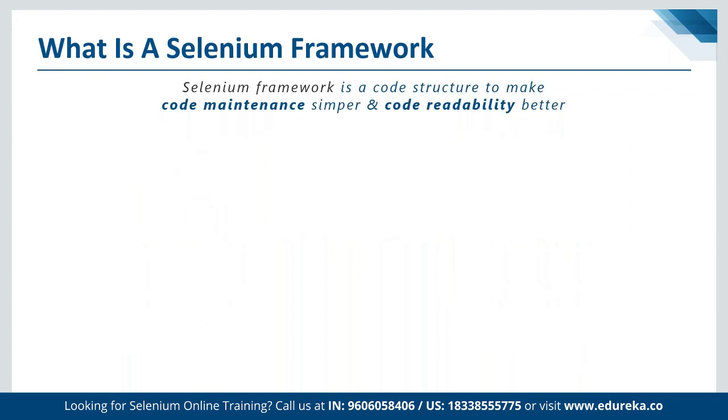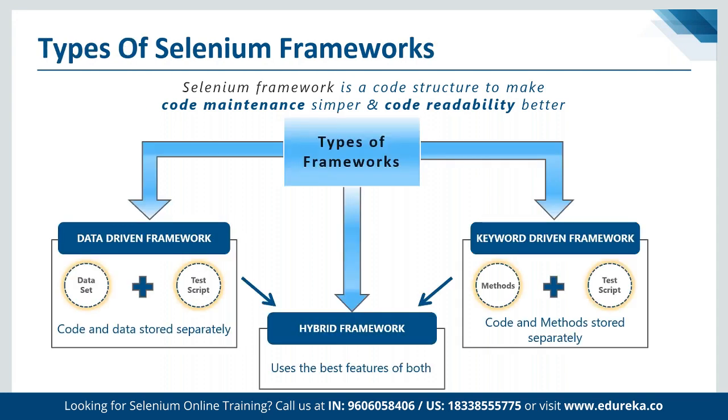Selenium framework is a code structure to make code maintenance simpler and code readability better. So what types of frameworks do we have in the industry? Firstly, we have a lot of frameworks. Trust me, there are a lot of frameworks available in the market.